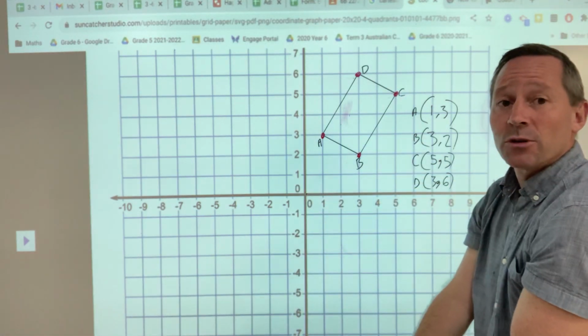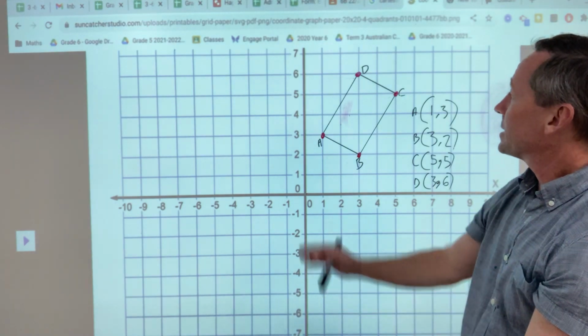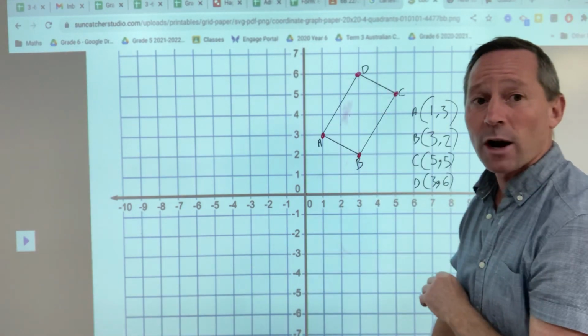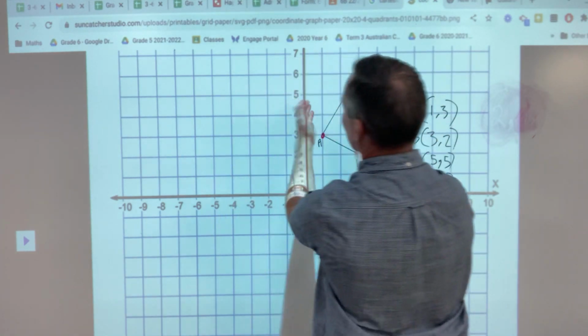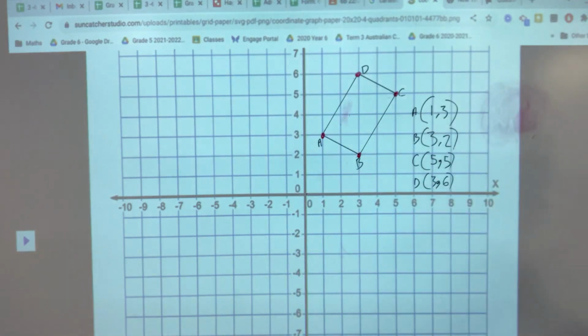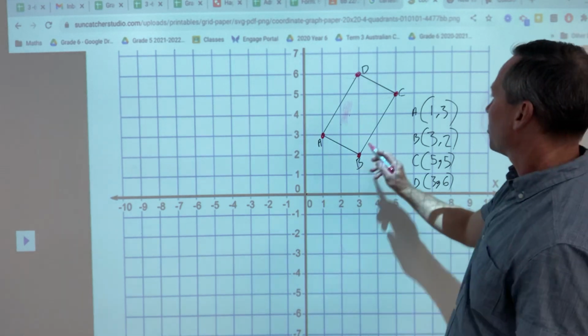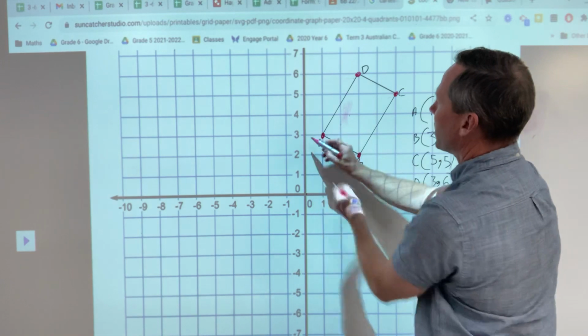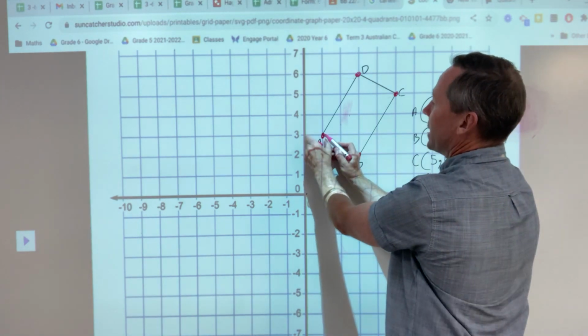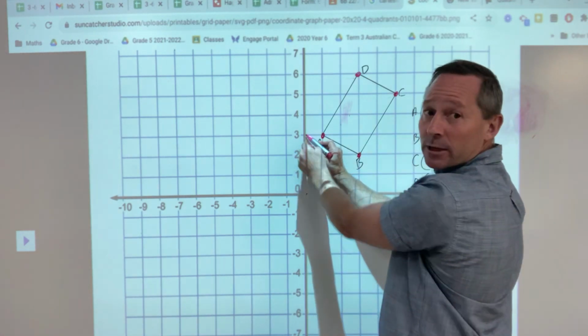If they ask you what is this shape across the Y-axis, this is the Y. That means this shape will be reflected across here, or flipped over here. And the way to do that, I'm looking at A. So A, you can see that I am actually one unit away from the y-axis.